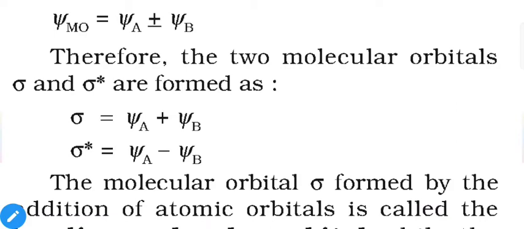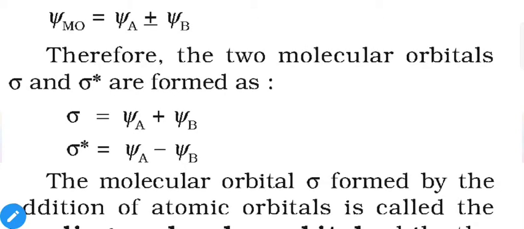Now what do sigma and sigma star represent? As we discussed earlier in the salient features of this theory, there are two different types of molecular orbitals, bonding and anti-bonding. So normal sigma represents the bonding orbital and sigma star represents the anti-bonding orbital. And as we know, when two orbitals combine linearly, or if they are present on a single axis, then they will overlap on each other straight.